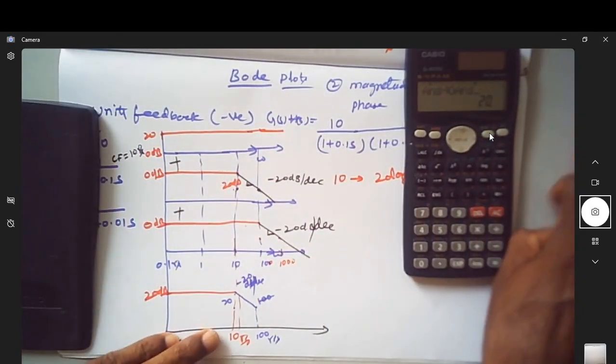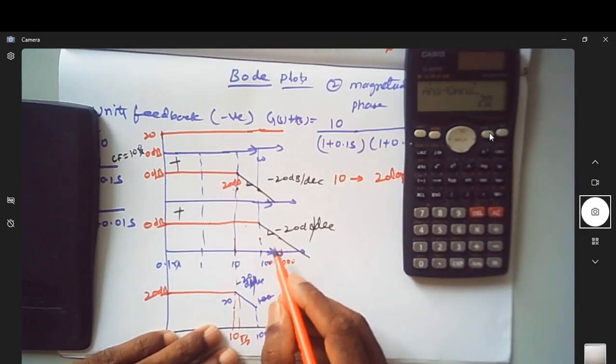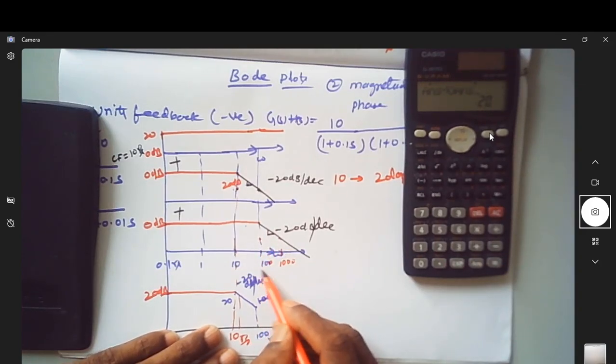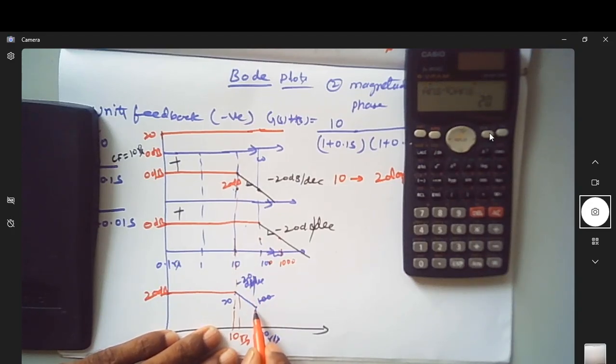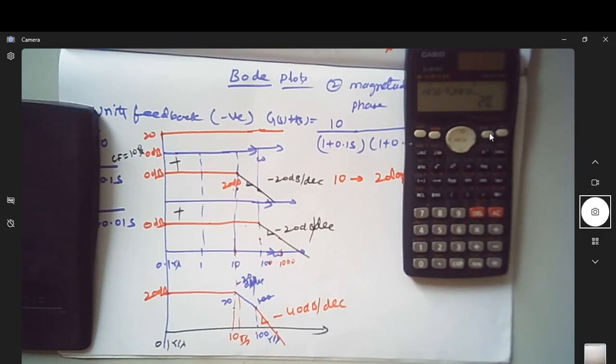Is the slope now minus 40 dB? That is, after 100 radian per second, the slope changes from minus 20 to minus 40 dB per decade. So how do you do it now? Come down by 40 dB, go by 1 decade, draw the line. So this is minus 40 dB per decade. Got the point?